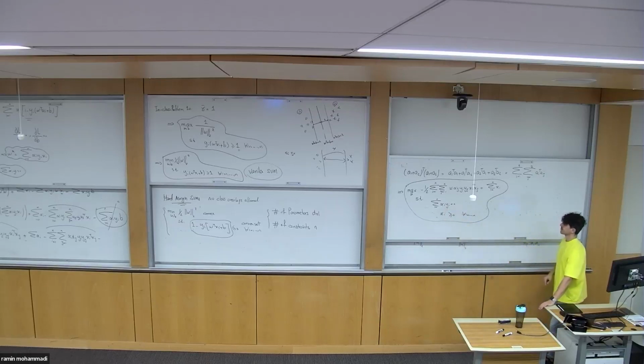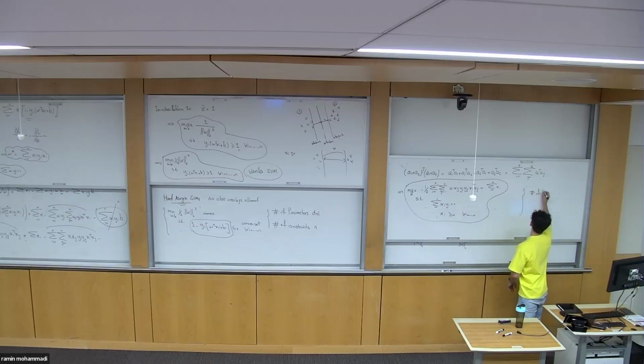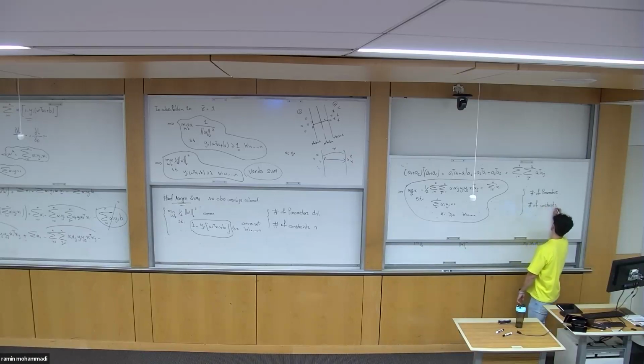So now someone tell me, how many parameters do you have here? How many unknowns do you have here?